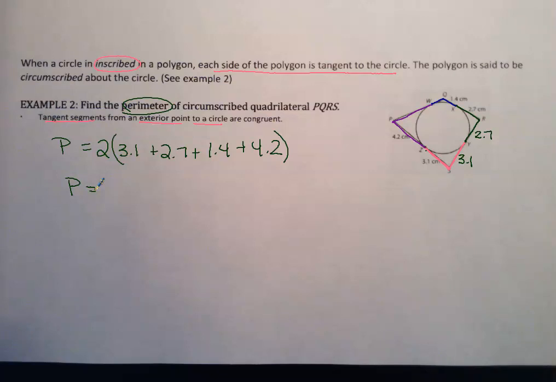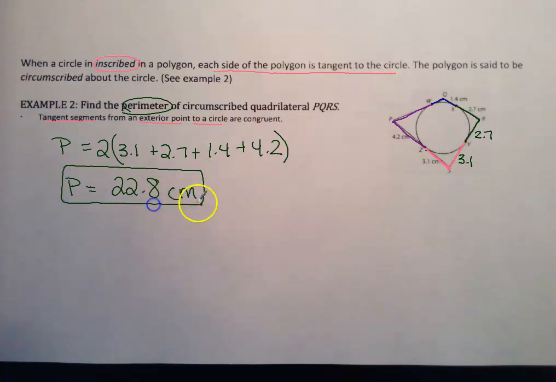Then check it. You did something wrong, because you have to hit equals and then times 2, or put parentheses around. What was it? 22.8. And what's my unit? Centimeters. Good, because it's perimeter, so it is centimeters, not centimeters squared. Very nice.